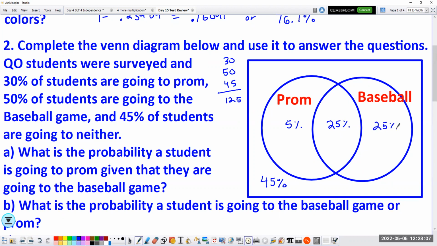And now I can really easily see this is 50 and then this is 50. Now my percentages add up to 100%, and it's time to tackle the 2 probability questions.